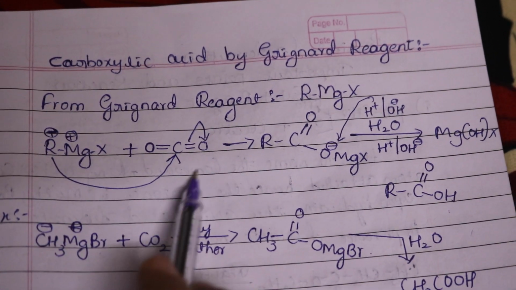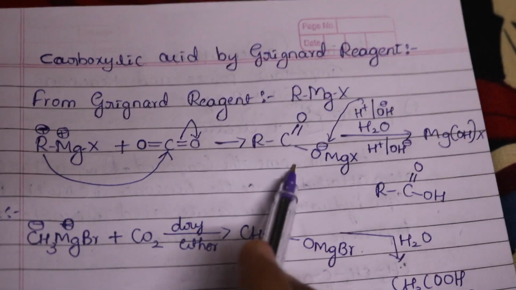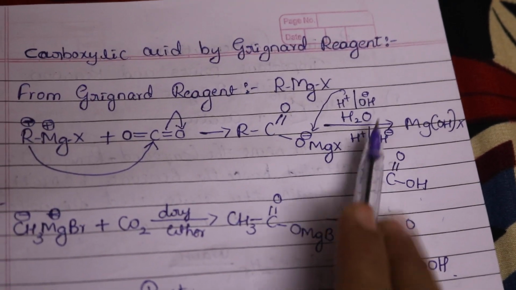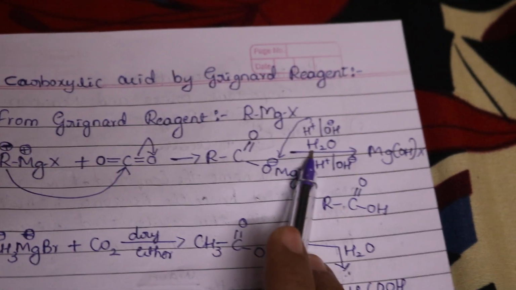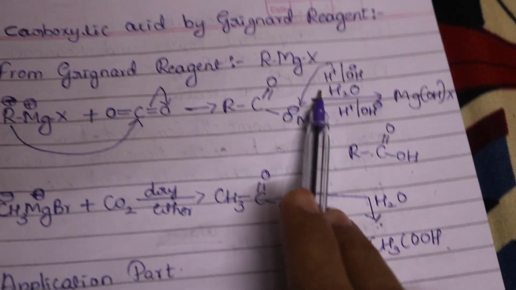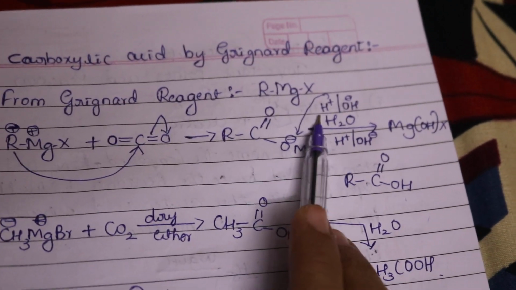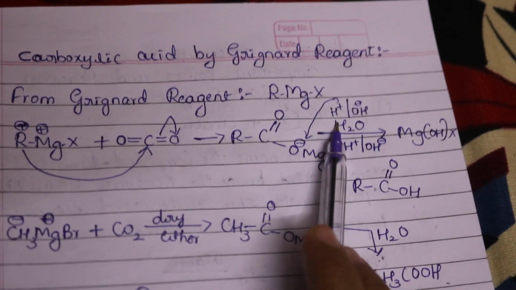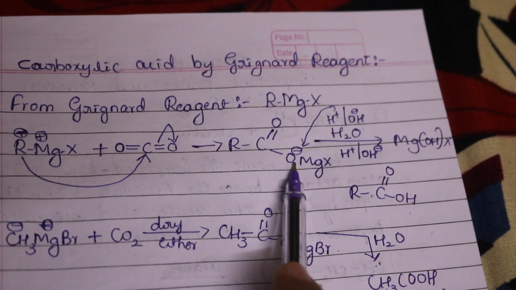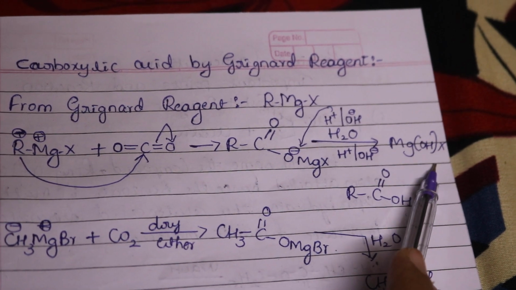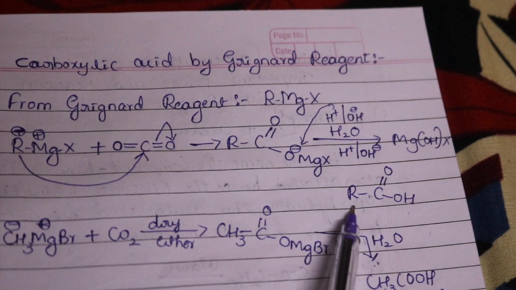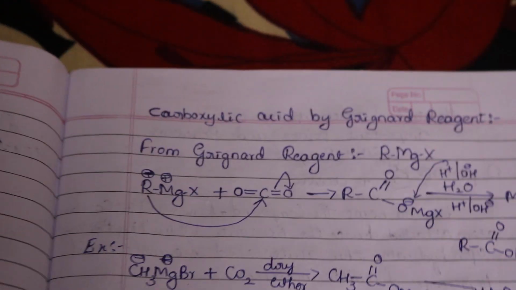This R will attach to this carbon to form RCOOMgX. Next, when it is hydrated in the presence of water, which can be written as H plus and OH minus ion, OH will attach to form MgOHX, and the acid RCOOH, with any alkyl or aryl group.